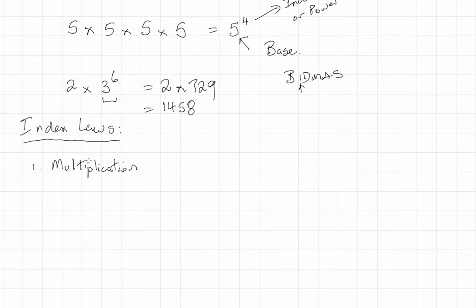And we're going to use some algebra here so that it applies to all scenarios. So if we've got a to the n times a to the m, now a, n, and m are real numbers.